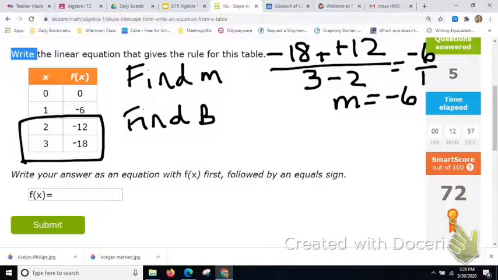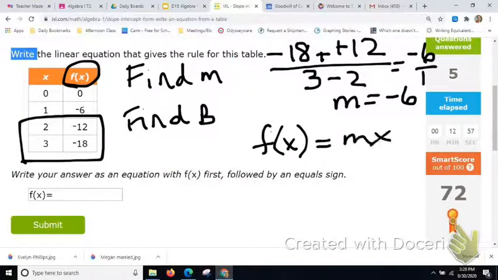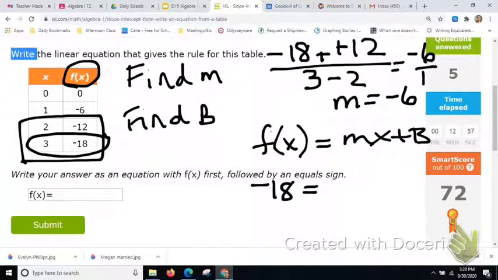And then if I plug in, and you could write f of x equals mx plus b instead of y equals. It's the same thing. So using one of these points, I'll go ahead and use this bottom one. Negative 18 is equal to m, negative 6, times 3, is x, plus b.